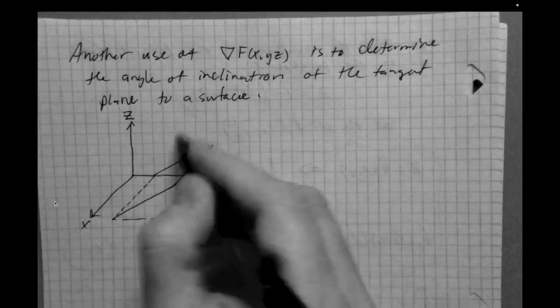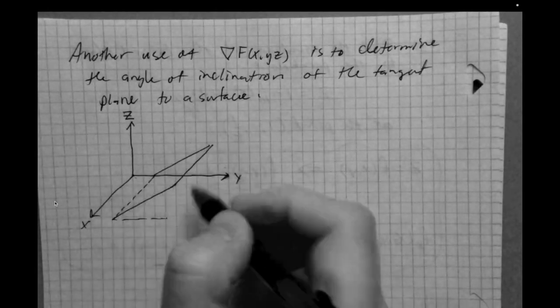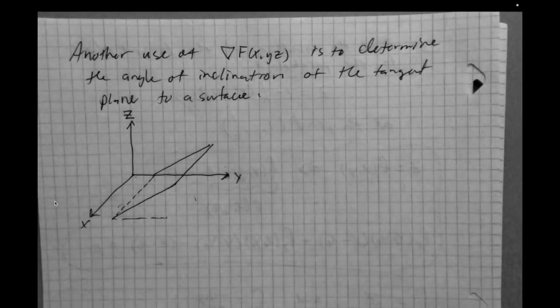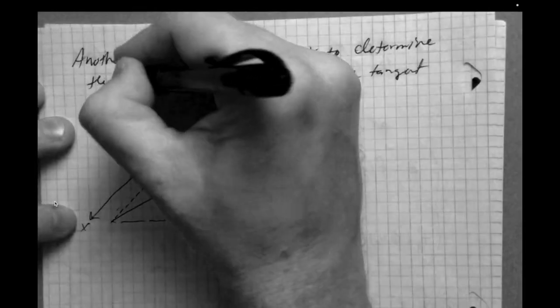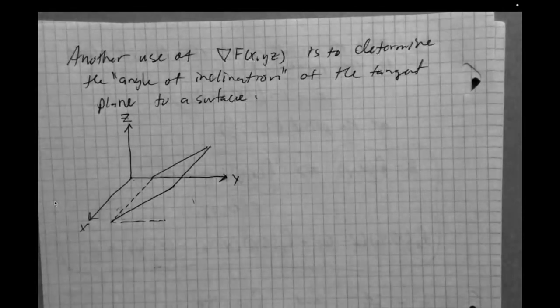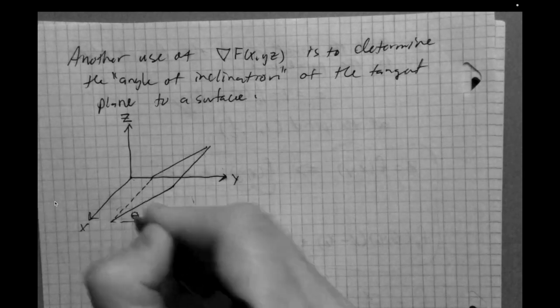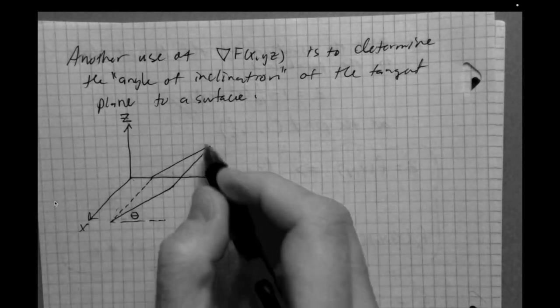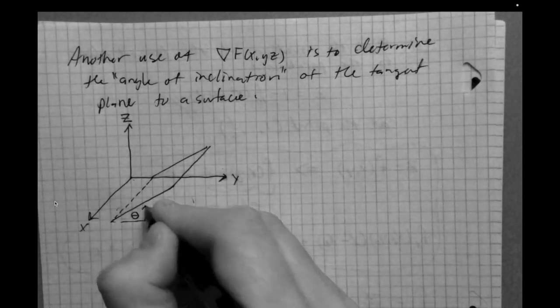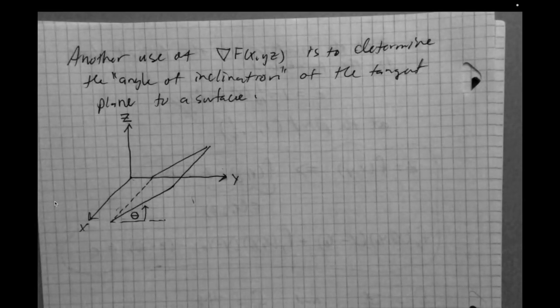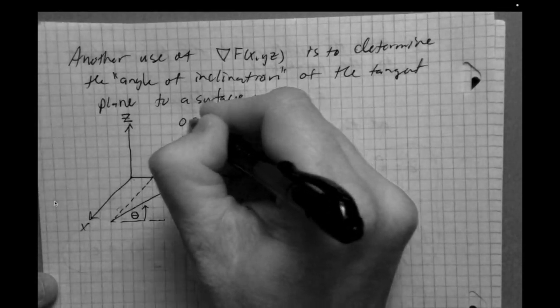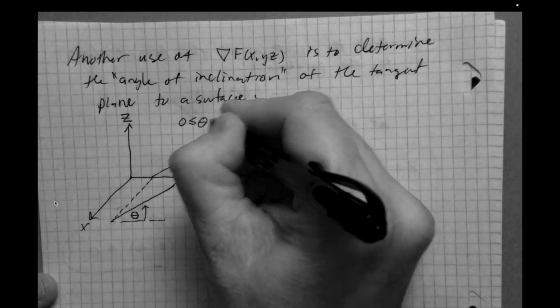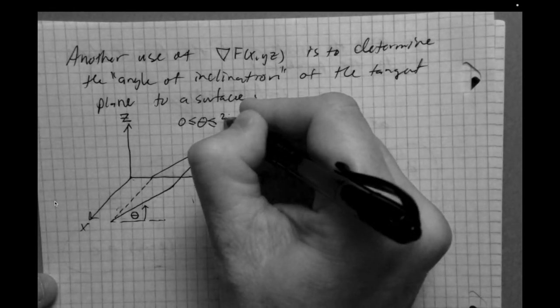Maybe your surface interacts with this, but this is the tangent plane to the surface. So the angle of inclination is going to be the angle that this tangent plane makes with the XY plane. Okay, and this theta would be between 0 and pi over 2.